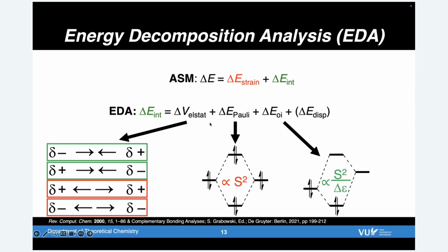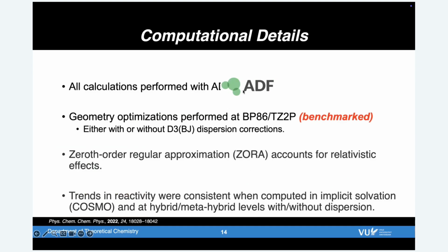Okay, so some computational details. So all calculations were performed with ADF, and the geometry optimizations were performed using a GGA functional, specifically the BP86 functional, in conjunction with a triple zeta quality basis set.